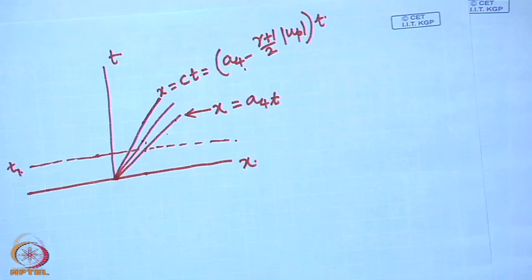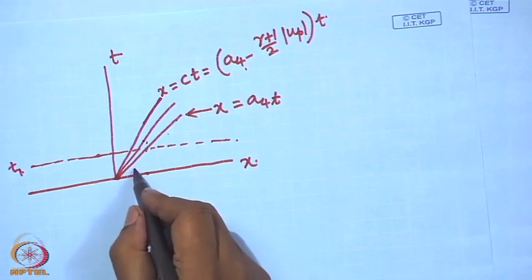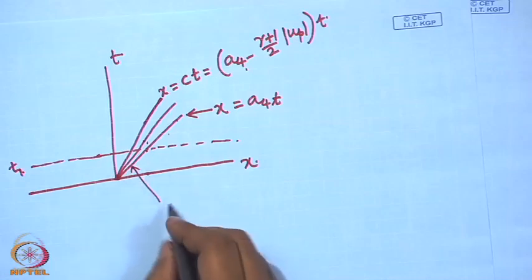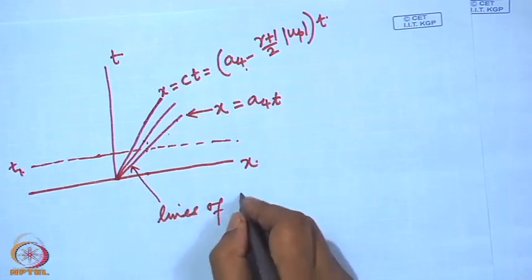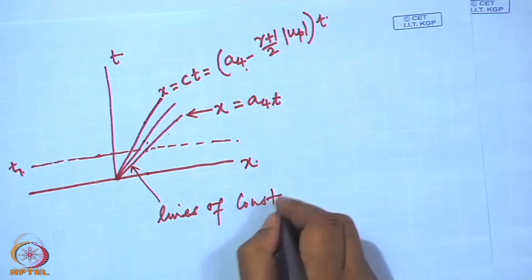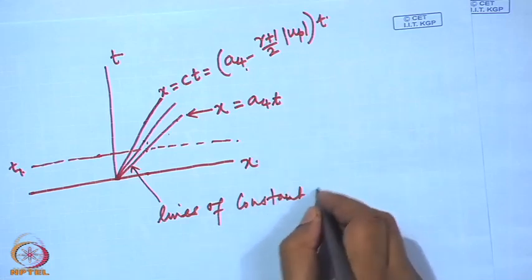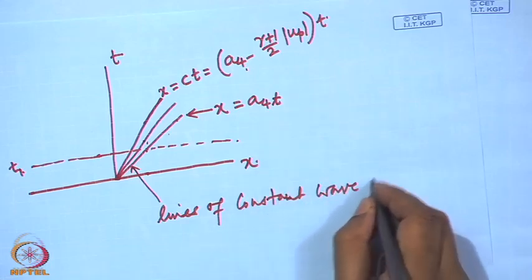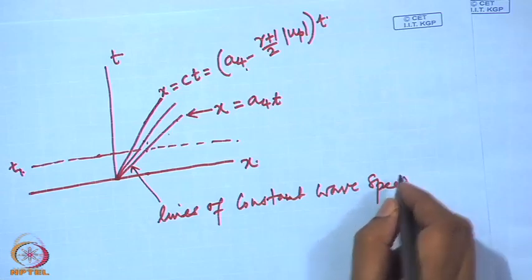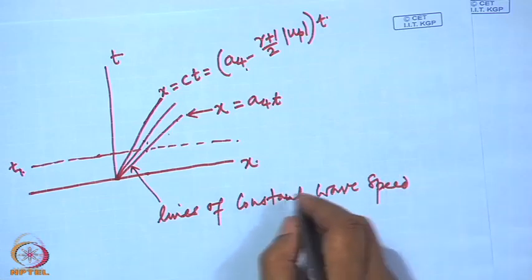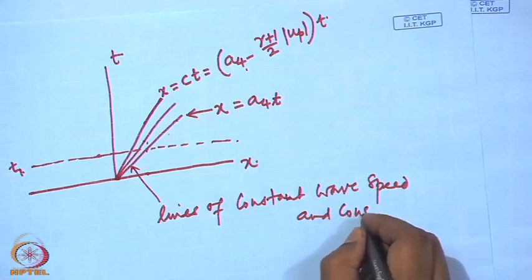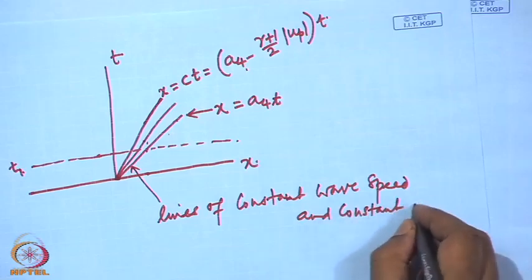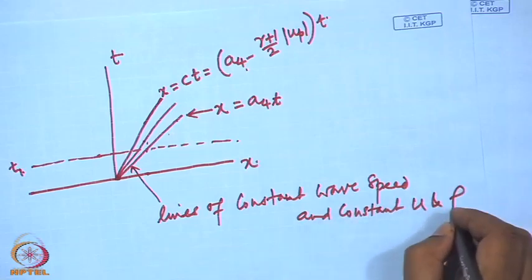These are lines of constant wave speed, and of constant u and rho.